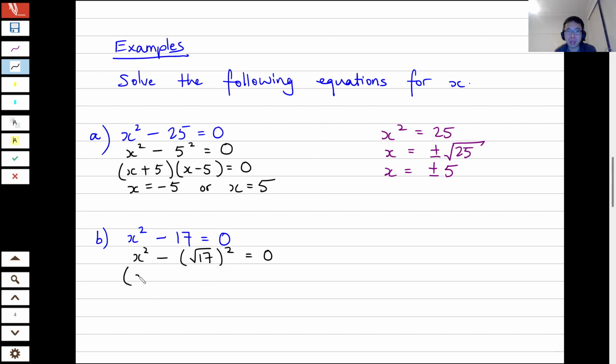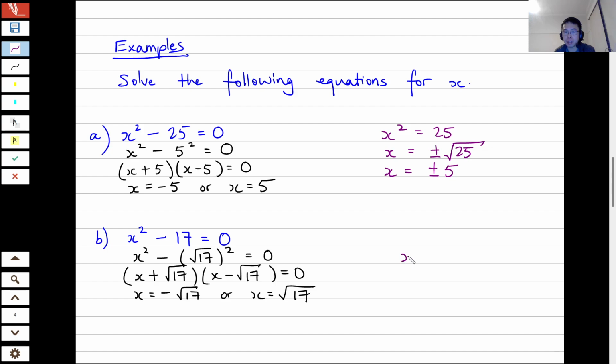And now I can say (x + root 17)(x - root 17) = 0. Hence, x equals negative root 17 or x equals positive root 17, applying the null factor law.